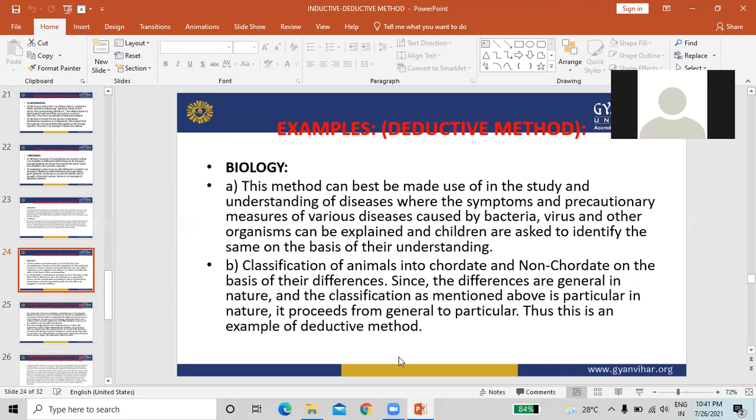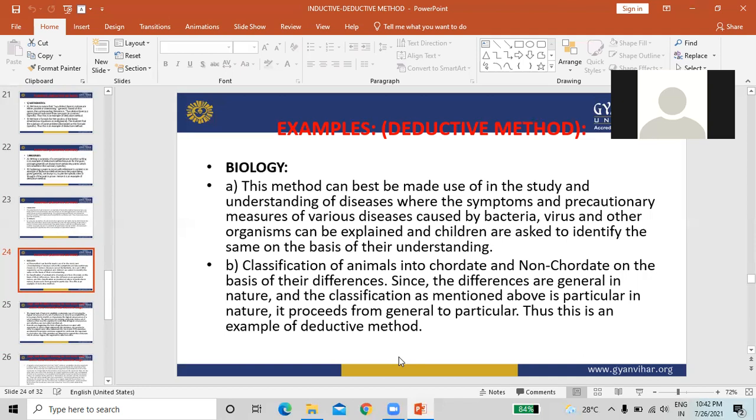Biology. This method can best be made use of in the study and understanding of diseases, where the symptoms and precautionary measures of various diseases caused by bacteria, viruses, and other organisms are explained, and children are asked to identify the same on the basis of their understanding.